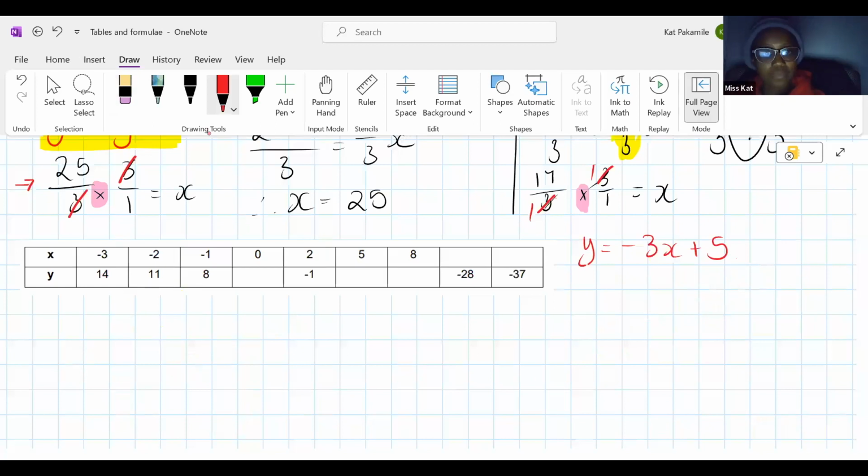Beautiful, Tammy. Okay, now what? And then, ma'am, you're gonna put like terms together. So you're gonna say -28, and you're gonna transpose the 5 to the left. So you're gonna say -28 minus 5, which is -33, equals -3x.